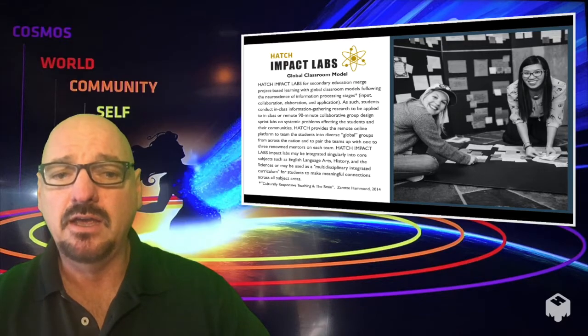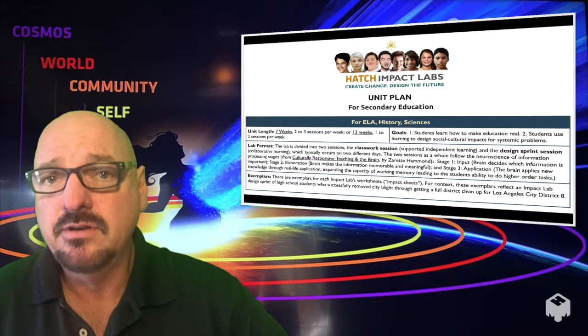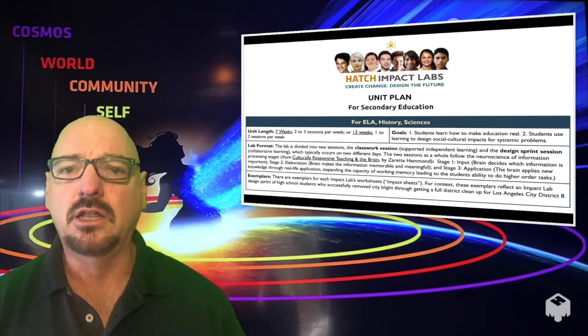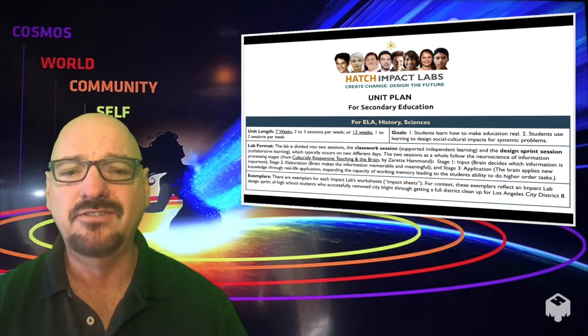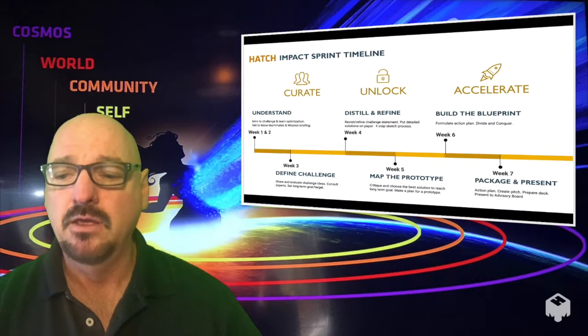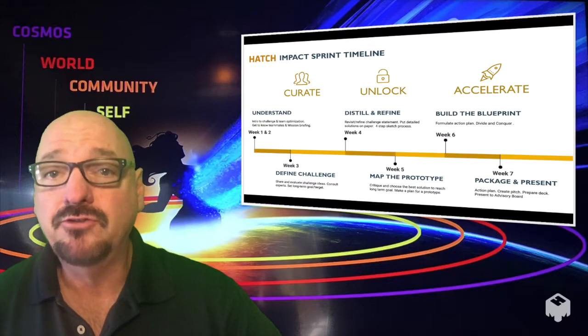We have a unit plan for secondary education centered around these design sprints. We're going to take a look at a little bit more of that in detail, but let's just go through a little bit of what we're going to be looking at. So we do have a sprint timeline with benchmarks.